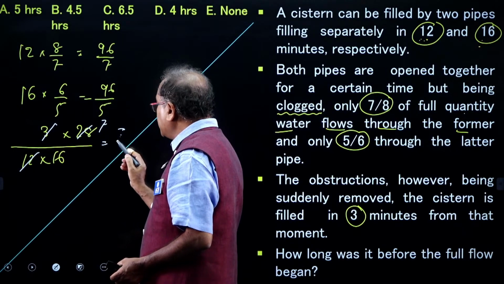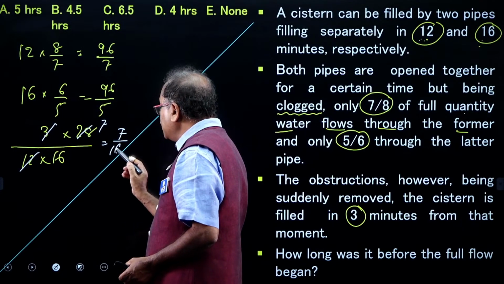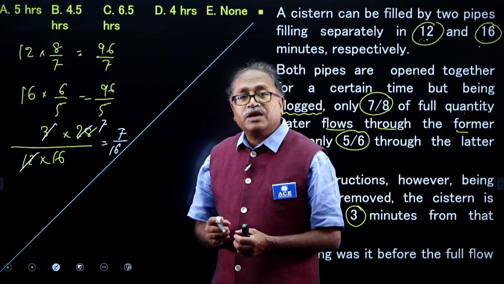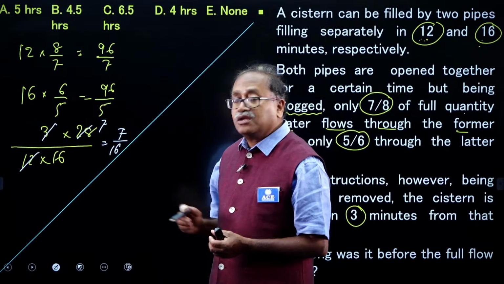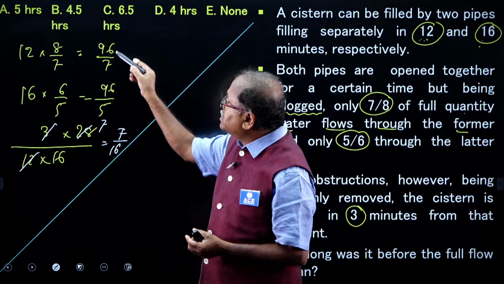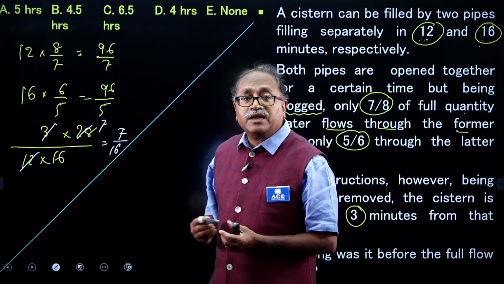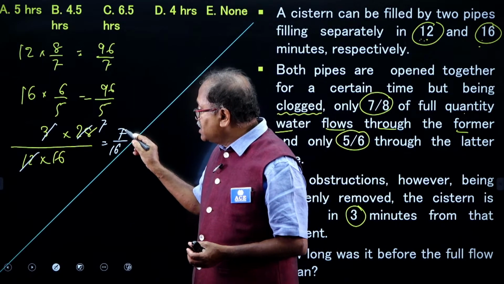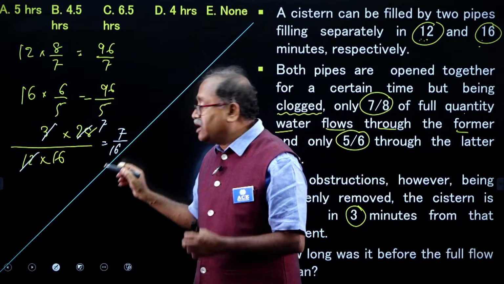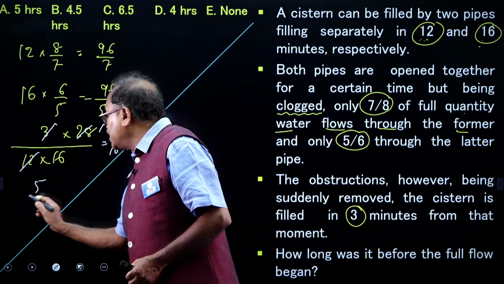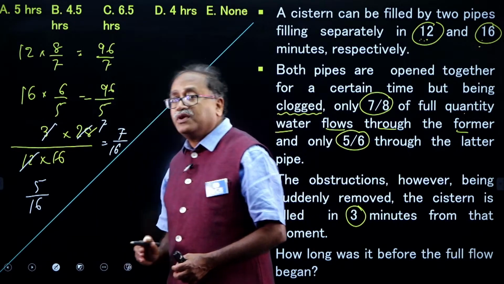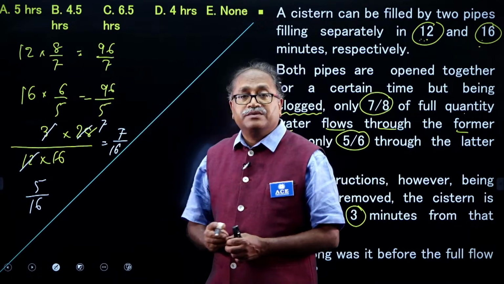So, I notice that 7/16 of the full tank was filled in the last 3 minutes. That means, with this rate what part of the tank is filled? So, 7/16. So, 16 minus 7, that is 9/16 part is filled with these rates.